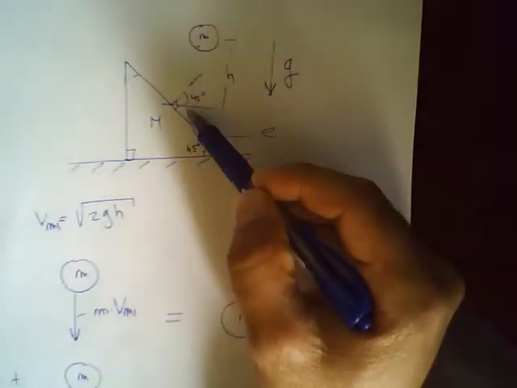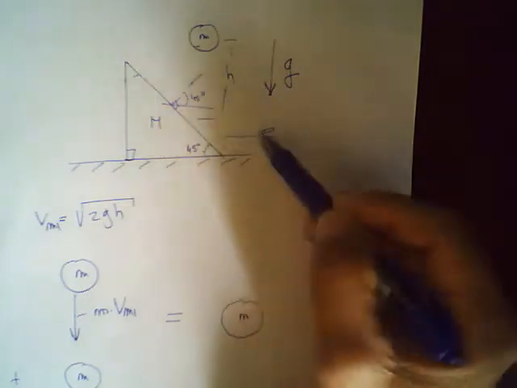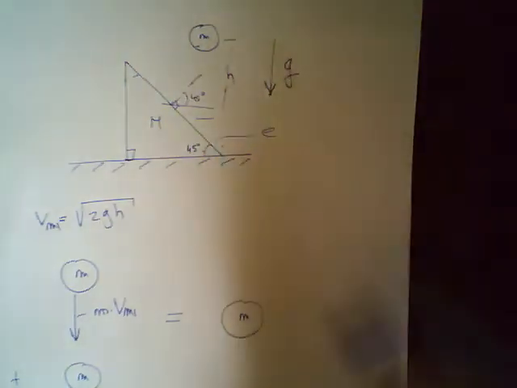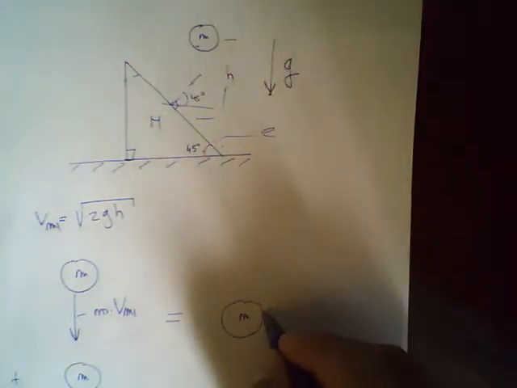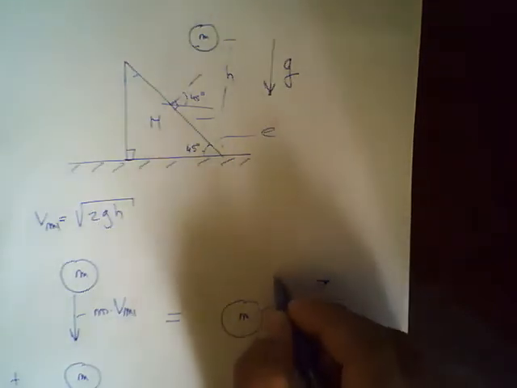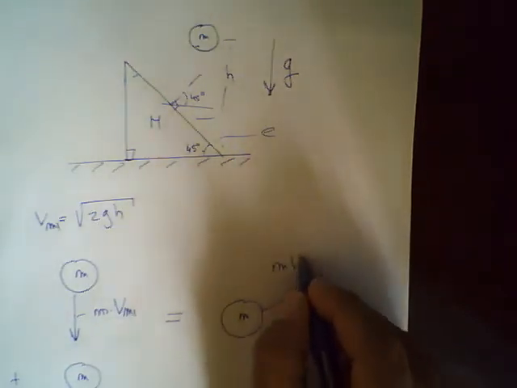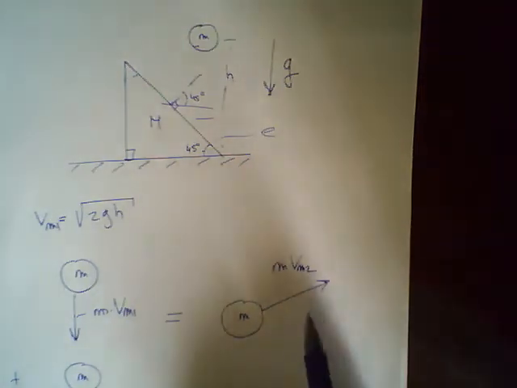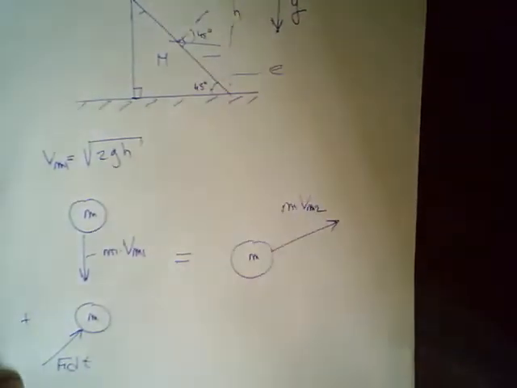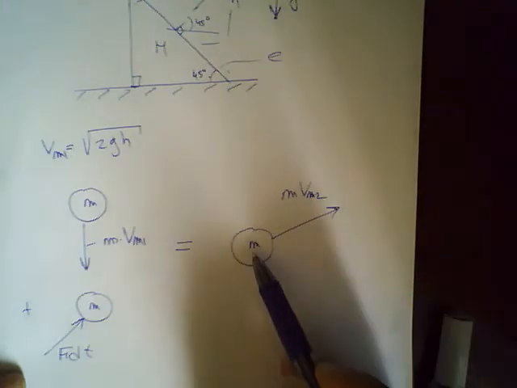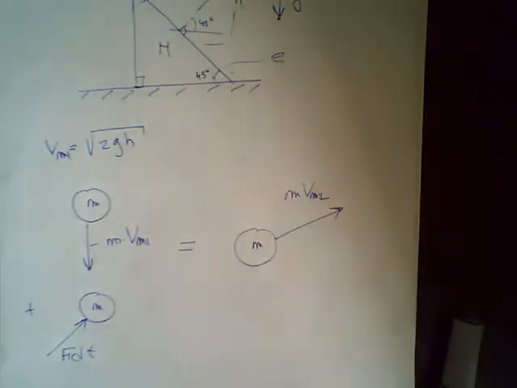It's going to hit here and go off at some angle, might be like that, like this, we don't know. So I'm going to put it like this, mvm2, which is essentially the momentum of this mass after the impact.